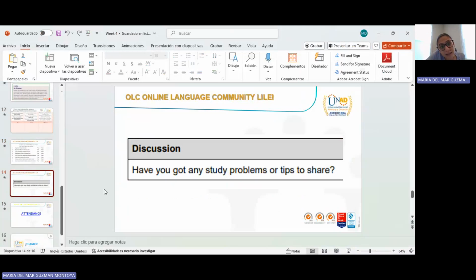And then if we have time, because usually we don't have time with reading comprehension classes, but if we have more time, we have this discussion question. Have you got any study problems or tips to share? And here we just are going to share what the students do, what I would recommend, what I do personally, and have another little chat to close the class.